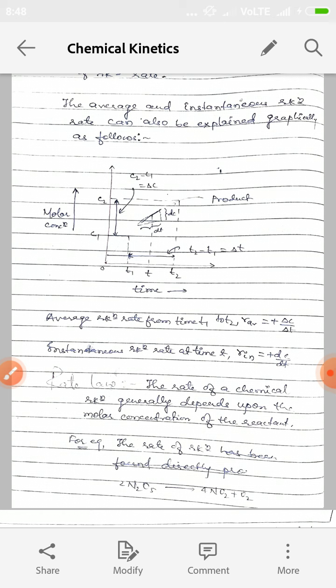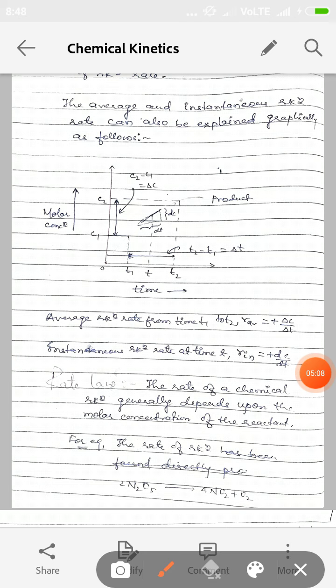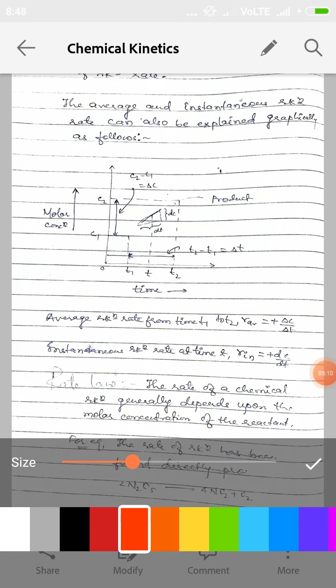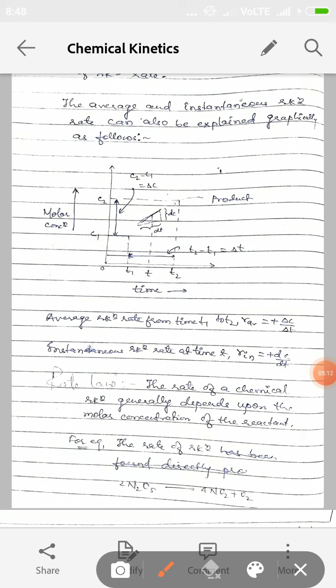The average and instantaneous reaction rate can be explained graphically as follows. As we can see here, the graphical representation of instantaneous and average reaction rate. In this graph, on the x-axis we have time, and on the y-axis molar concentration.